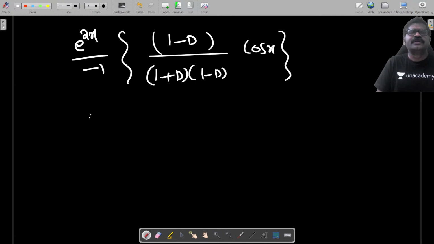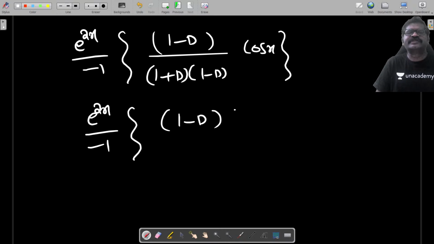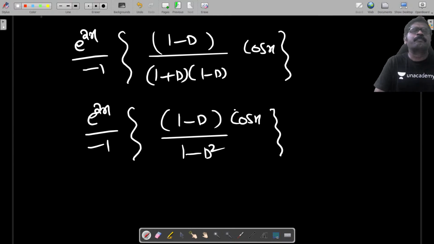E power 2x by minus 1 of (1 minus D) of cos x by 1 minus D square. Now replace D square equal to minus 1.